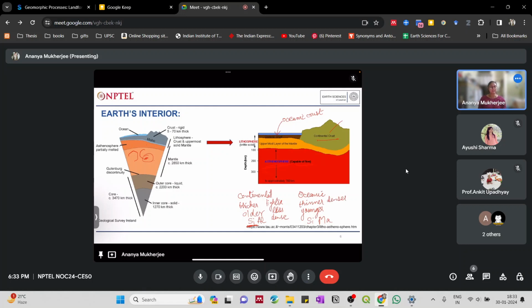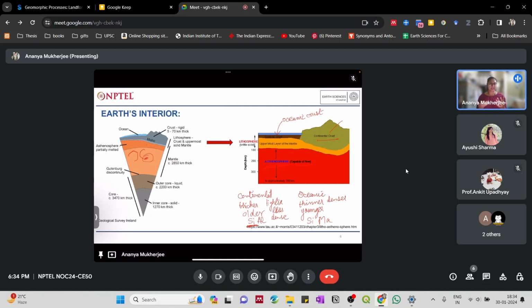You can see that while both of them form the Earth's crust as a whole, both are different in characteristics, and due to the difference in characteristics, both of them act in different ways when we are considering the different kinds of geo processes, earth processes. Not just geomorphic processes, earth processes.